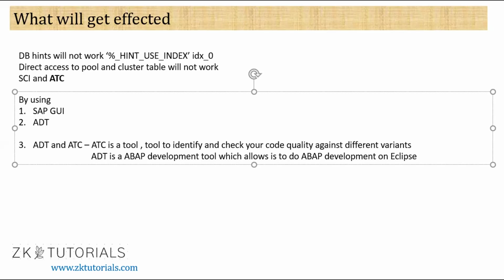So this is a big difference between ADT and ATC. Both words look the same, but there is a big difference between both. So ATC is a tool to identify and check your code quality, and ADT is a development tool. All right. So let's go back, and we will first now see the SCI.